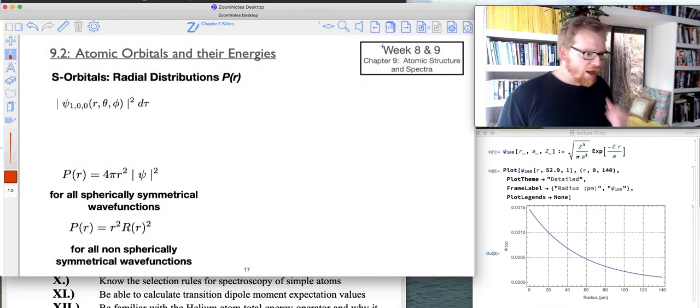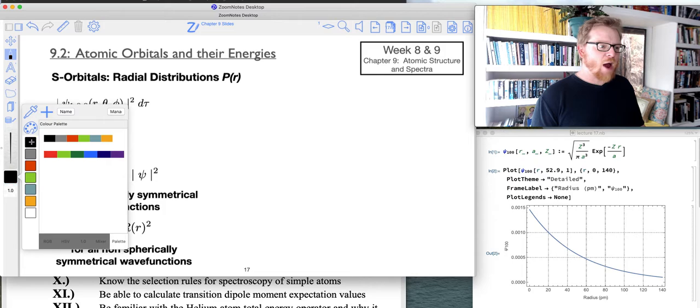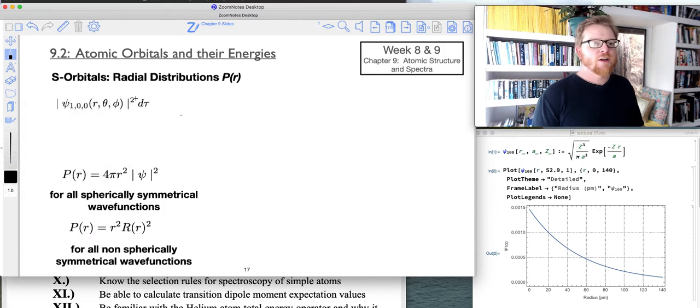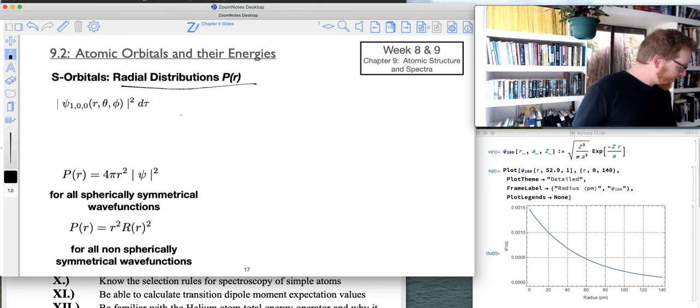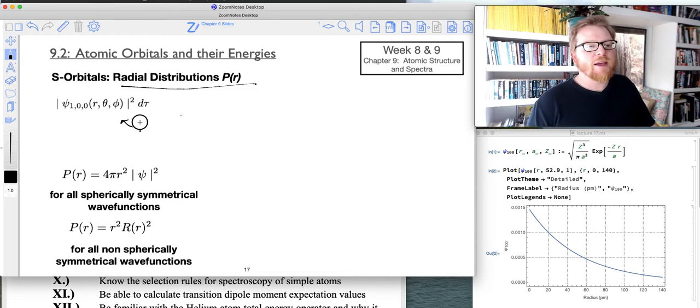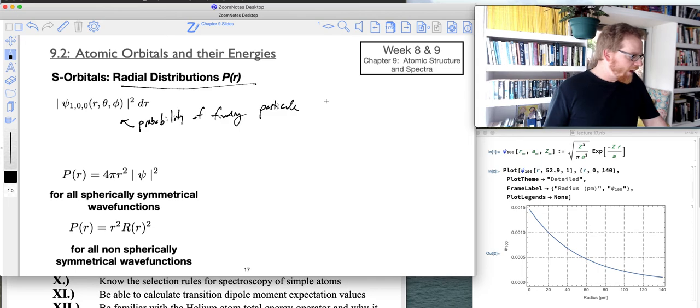So let's keep talking about s orbitals. Now what I want to get into is what's called the radial distribution, P(r), okay? We recall that when we take the square modulus, this gives me the probability of finding the particle somewhere.